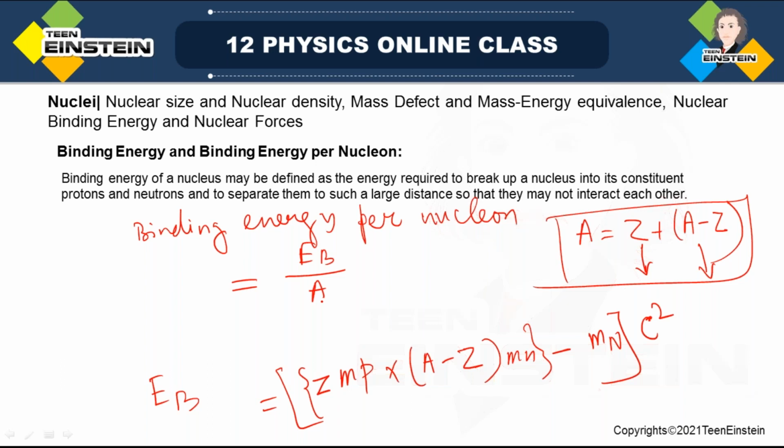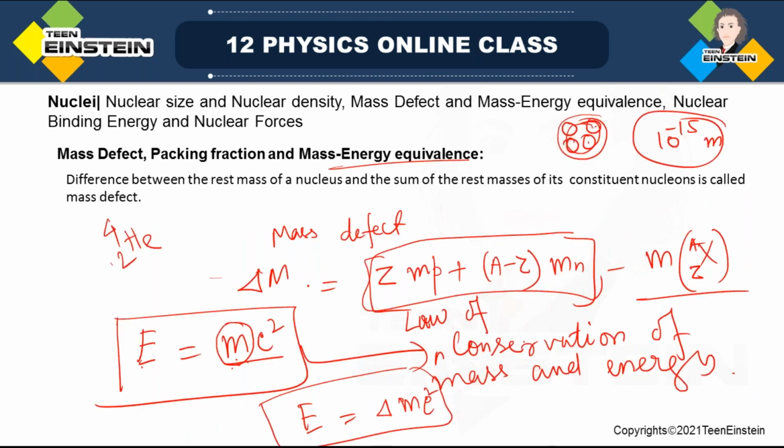I have just left one point in the mass defect. Mass defect per nucleon is called packing fraction.